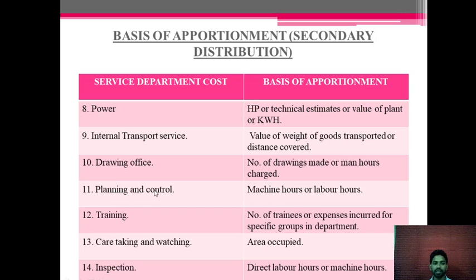Next, planning and control. Whatever cost is incurred for planning and control is apportioned on the basis of machine hours or labor hours. Next, training.